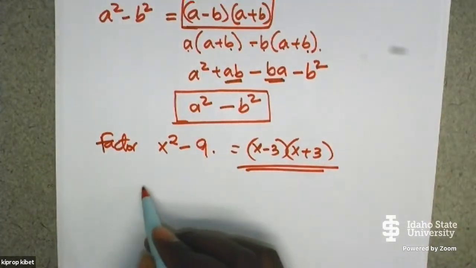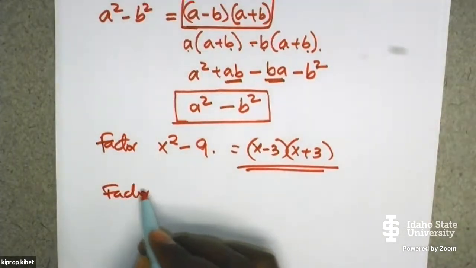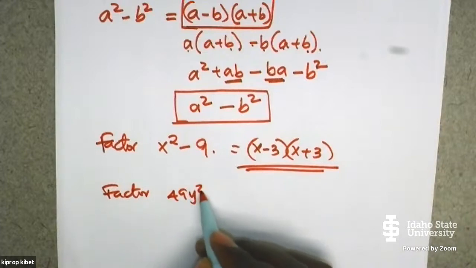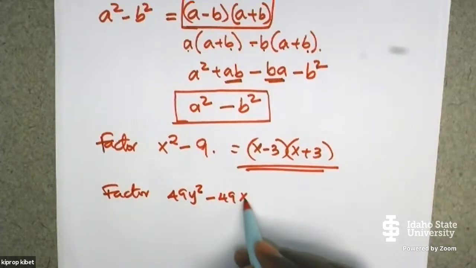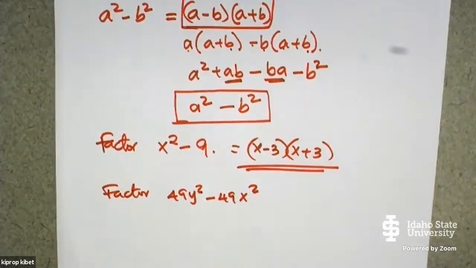Another one, factor 49y squared minus 49x squared. This is still a difference of two squares. So the factors will be: this one is 7y, and this one is 7x. So it will be 7y minus 7x, and then 7y plus 7x.